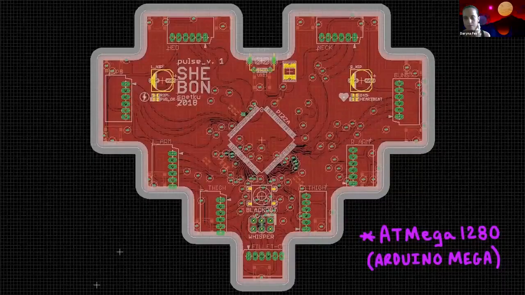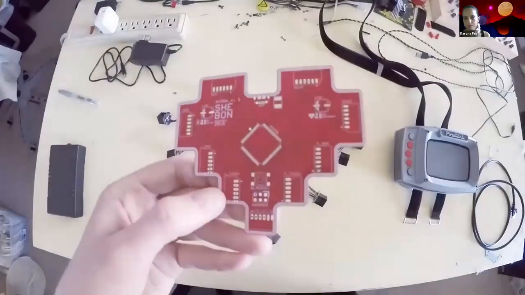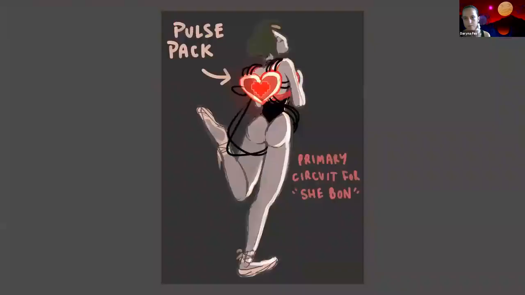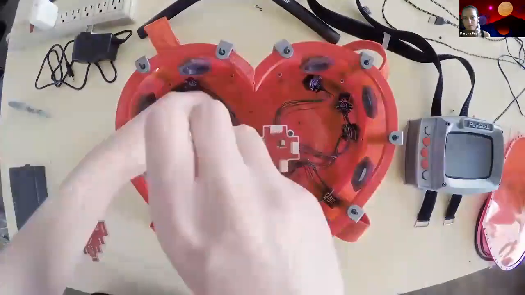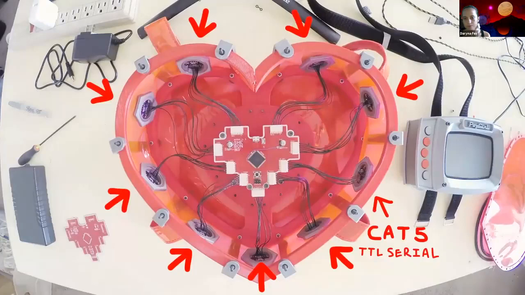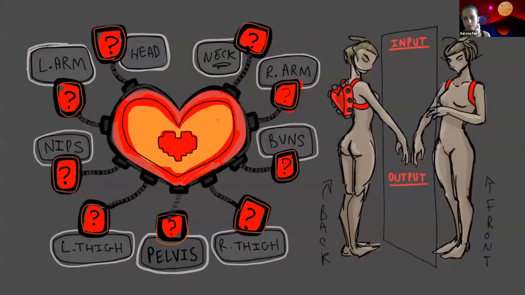The primary platform is a board called the Pulse. I chose to house this board inside of a backpack because it's centrally located on my body. The backpack more or less turns the Pulse into a wearable breakout board. There are jacks located around the outside of the backpack that you can plug individual wearable augments into, and the board is responsible for sending and receiving data as well as logging it.